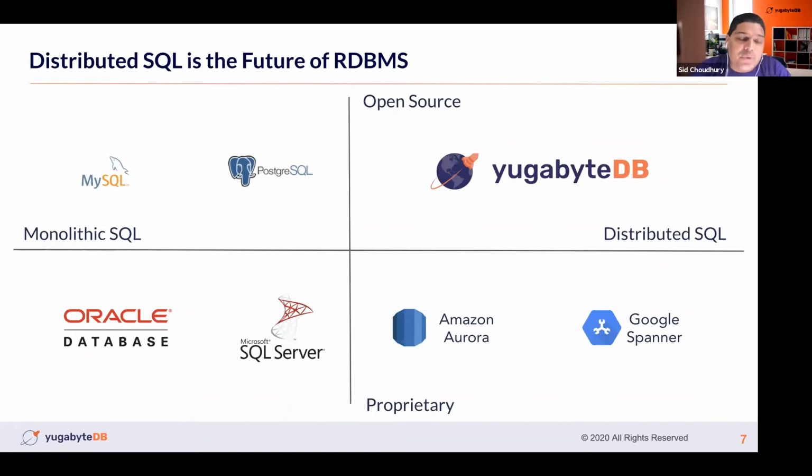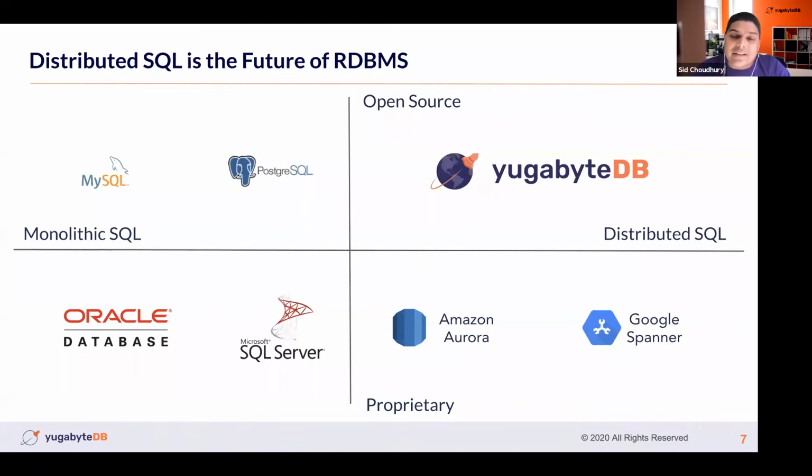Distributed SQL is the future of the RDBMS. Monolithic SQL has reigned supreme, I would say, for 40 years. But slowly the world is moving towards cloud, and cloud gives us the opportunity to horizontally scale and also run on heterogeneous infrastructure. And as a result, that infrastructure can fail often.